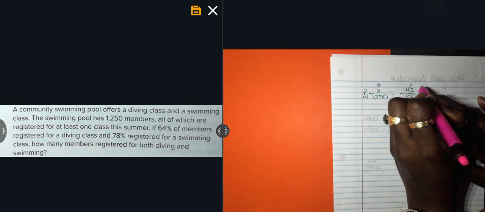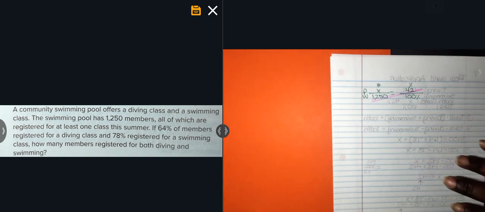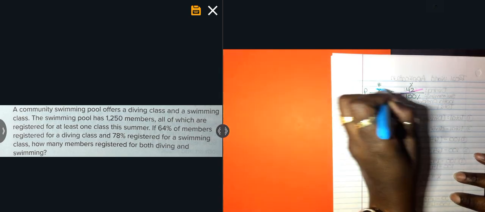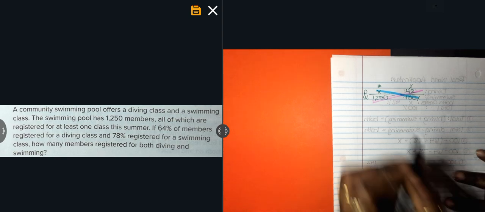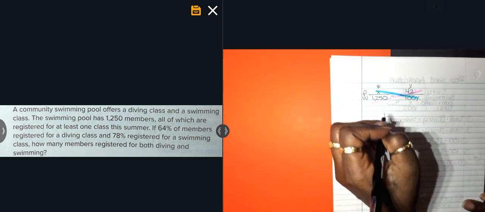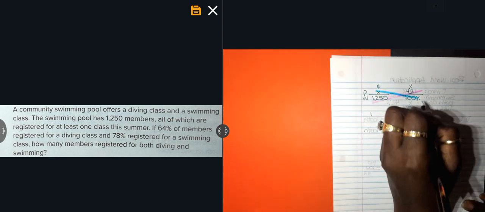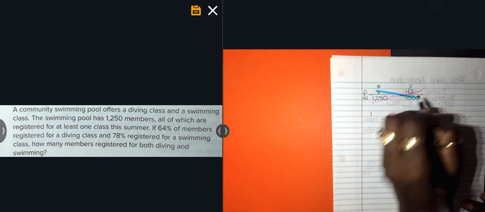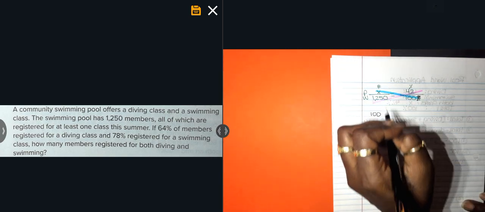So I'm going to just use cross multiplying this time. I'm going to multiply this on one side, and this will be on the other. All right, so on the side that's the blue, we have 100. I'm dropping the percents. So we have 100 times X on the left-hand side.